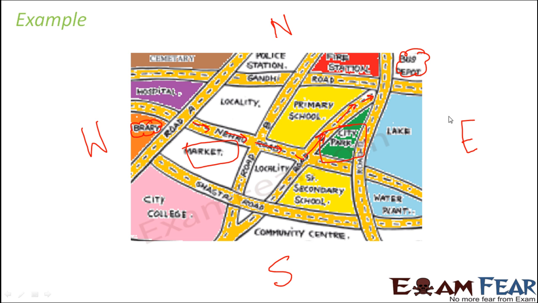So if you compare the lake with the library, the lake is towards the east and the library is towards the west. The police station is towards the north, the community center is towards the south. So a map can actually help you in a number of ways. Even without roaming around the entire city, just by looking at the map, you can get a fair idea about the various locations throughout that particular city.